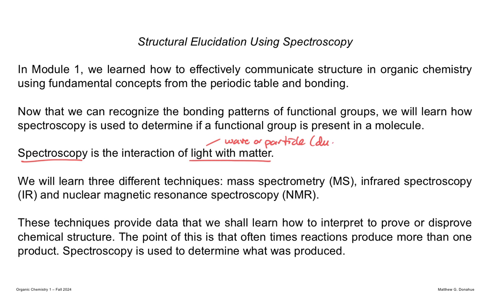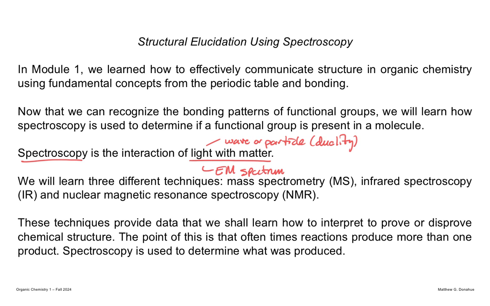This is typically called the duality of light. Light is a spectrum, so it exists on the electromagnetic spectrum. There are many different wavelengths of light, from low energy radio waves to high energy X-rays and gamma waves.